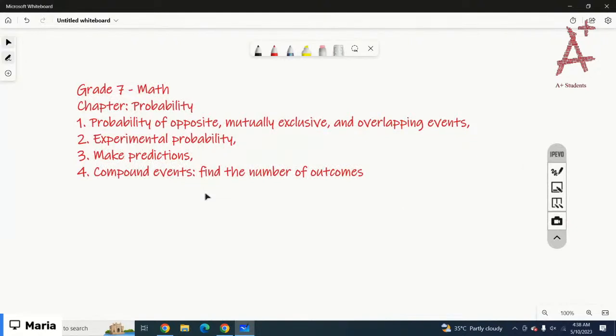Then we did experimental probability, make predictions, and compound events, find the number of outcomes. So please make sure before the next session you complete all the test questions for the lessons we did today. If you need more help with any of the lessons, you can contact any tutor on Skype. They are available from Monday to Friday, 5 to 9. Got it? If you have any question, you can ask. I'm here to answer all your questions if you have any.